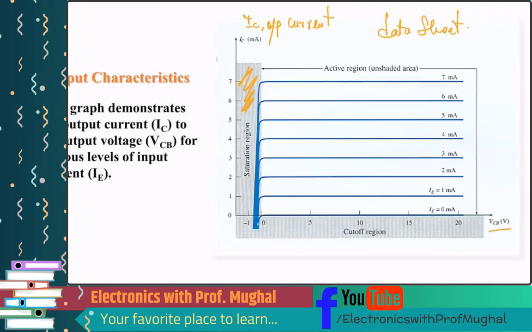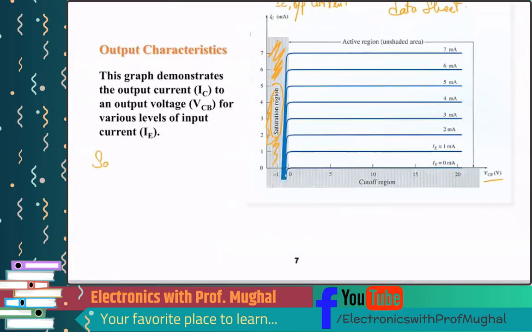This region that you see over here says saturation region. In the saturation region, can you tell me what is VCB here? In this region right here, what is VCB on the x-axis? 0.